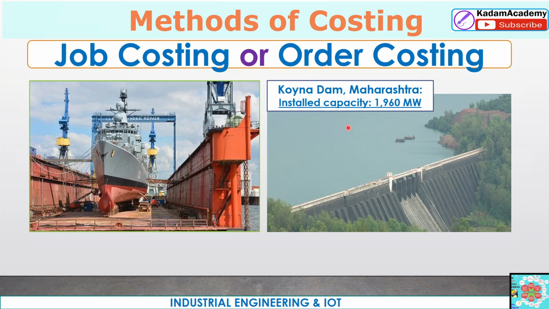Here we can see the diagram of Koyna Dam, Maharashtra, installed capacity 1960 megawatt. This is a contract development, and it is also one of the types under job costing, or contract costing or order costing.